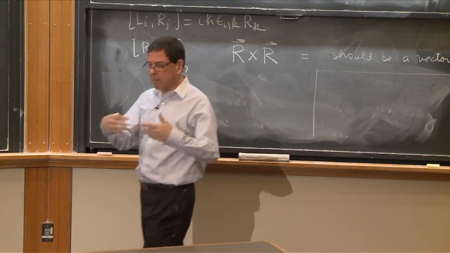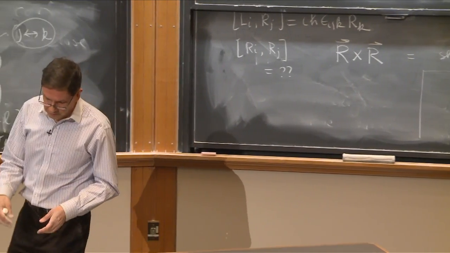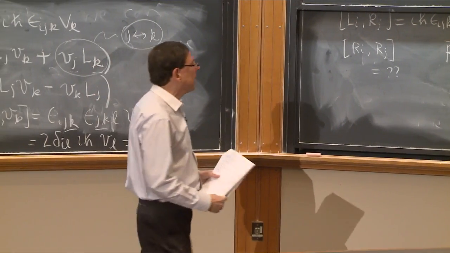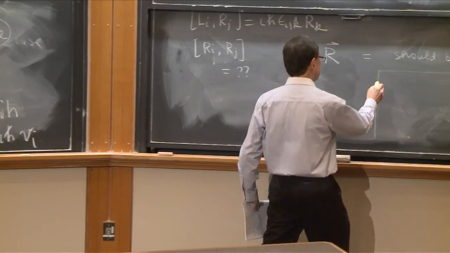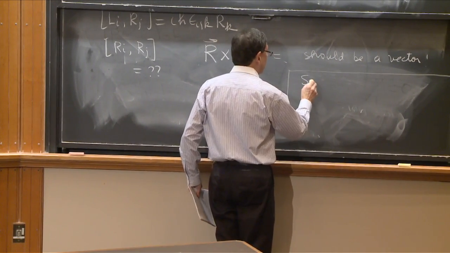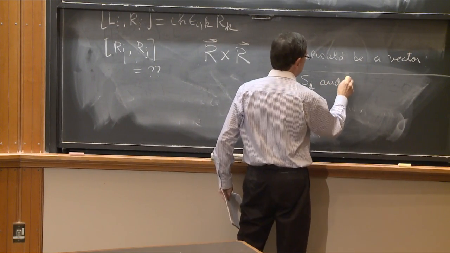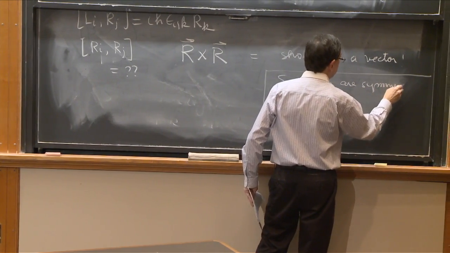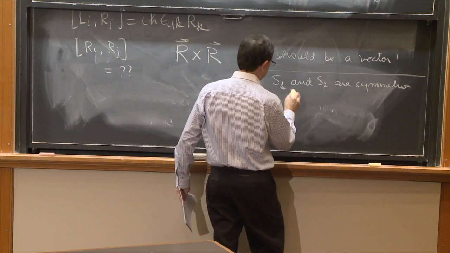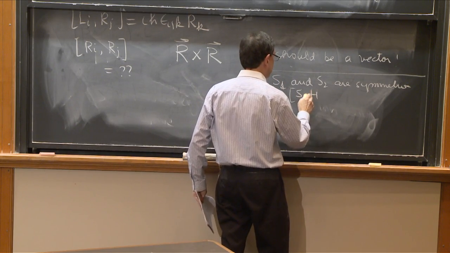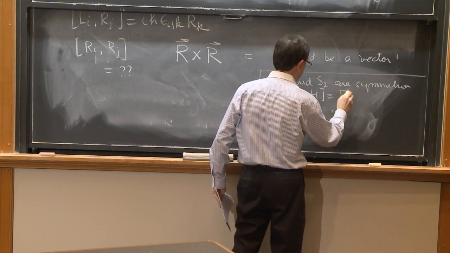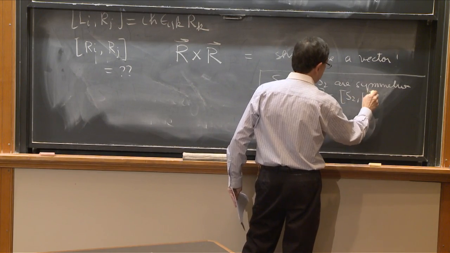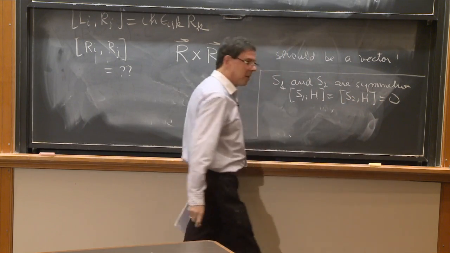If some operator is conserved, it commutes with the Hamiltonian. Say S1 and S2 are symmetries, that means that the commutator of S1 with H is equal to the commutator of S2 with H, which is equal to 0.